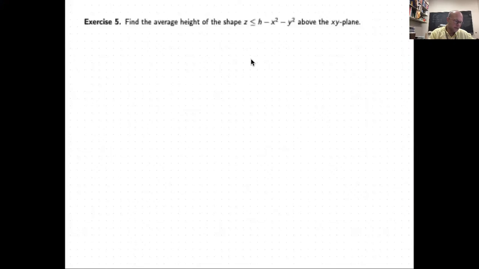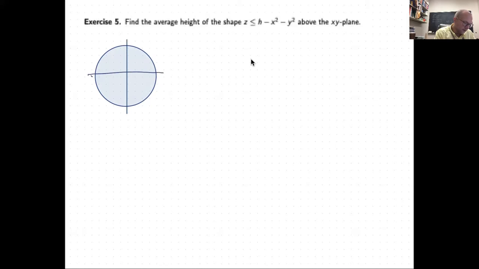So if I go back to the iPad and do a quick bit here, then I know that I want to talk about a circle with a radius being square root of h.